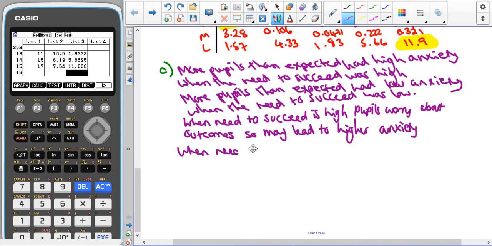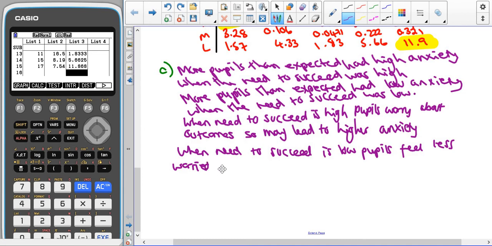When need to succeed is low, pupils feel less worried about the outcome and may lead to lower anxiety.